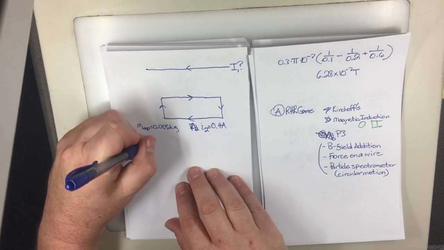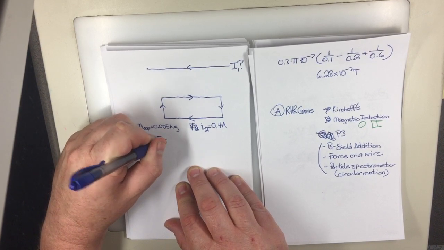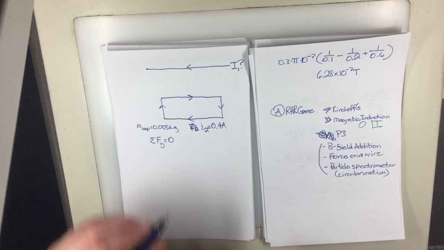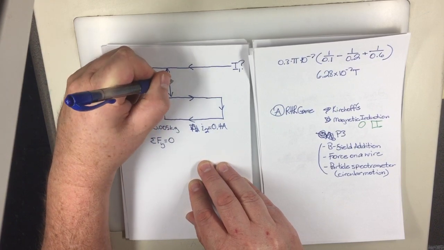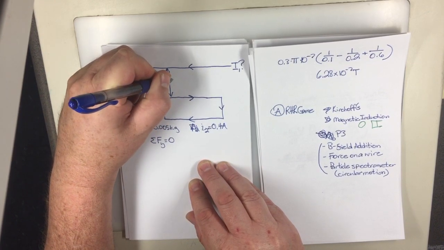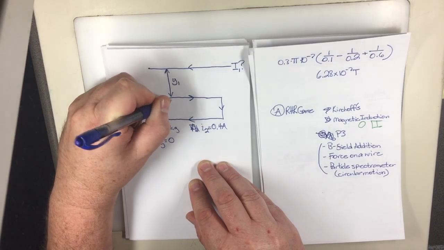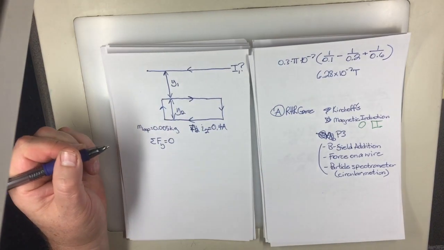So if it's floating, I know that the sum of the forces on this object is equal to 0 because it's in translational equilibrium. Now, here are the parts that I didn't give. I didn't give this distance y1, and I didn't give this distance y2.